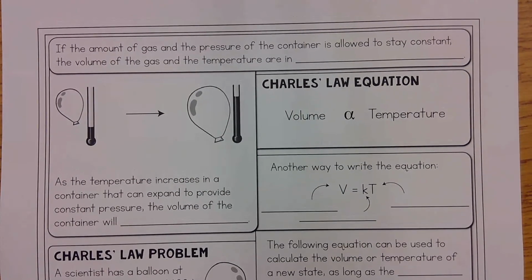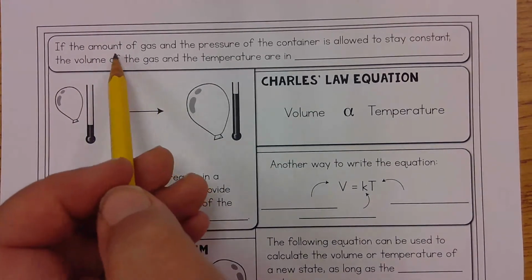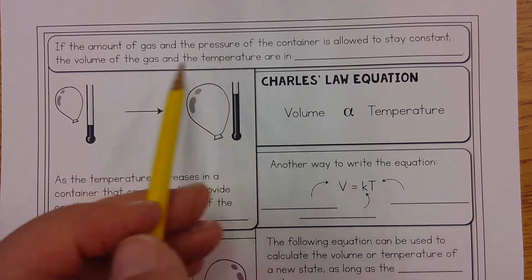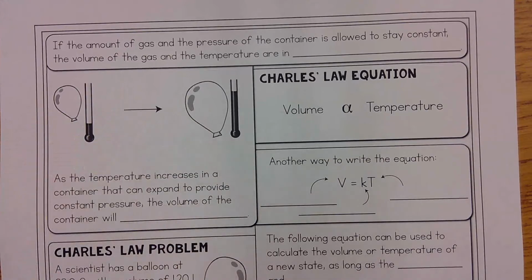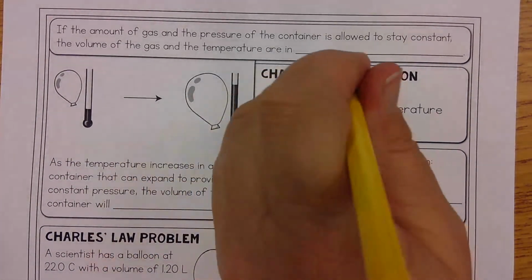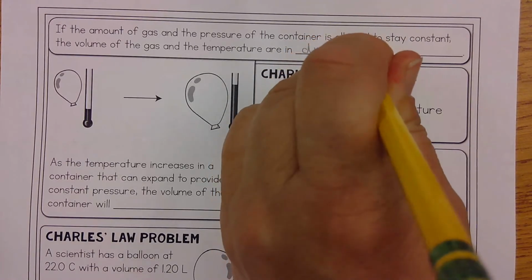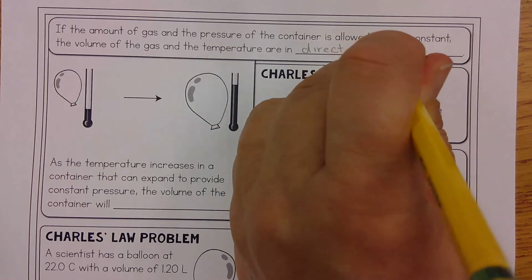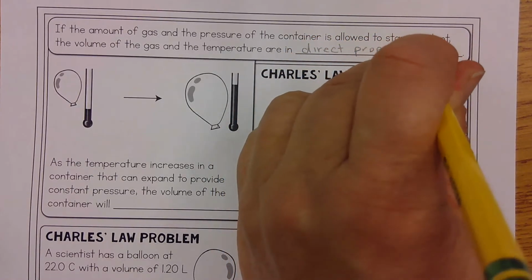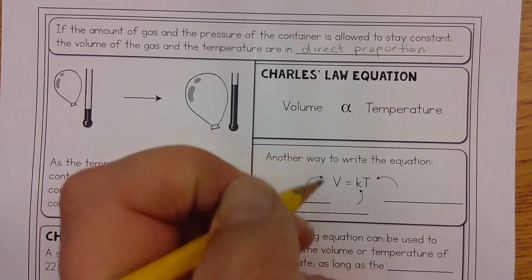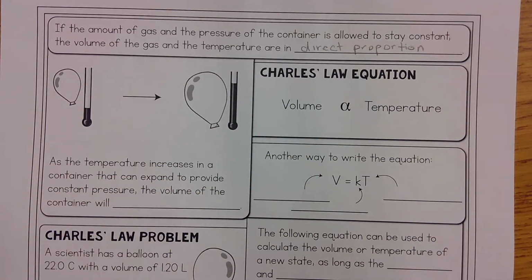Okay, so again, just like before, if the amount of gas and this time the pressure stay constant, the volume and the temperature are in direct proportion. Which means when the volume goes up, the temperature goes up, and vice versa. Okay, so volume up, temperature up.